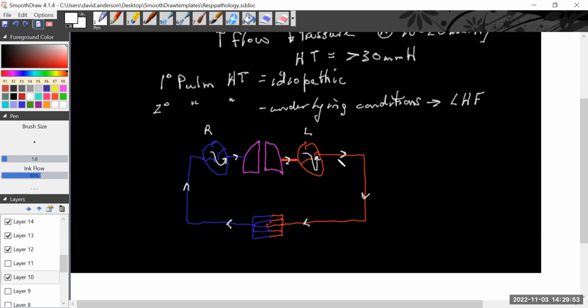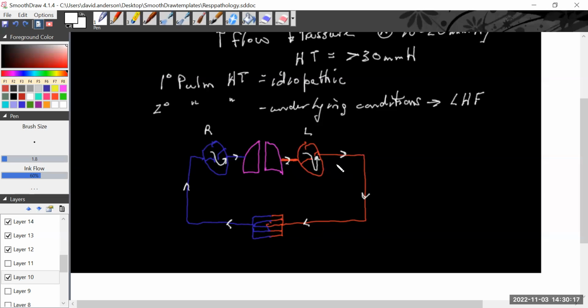So we can appreciate, if we think about afterload as being a reflection of blood pressure, and the resistance from blood pressure came from blood vessel length and diameter, as well as the thickness of the blood. The blood, that's going to be consistent all the way through. But just looking at blood vessel length, our systemic system has a much longer length to deal with.